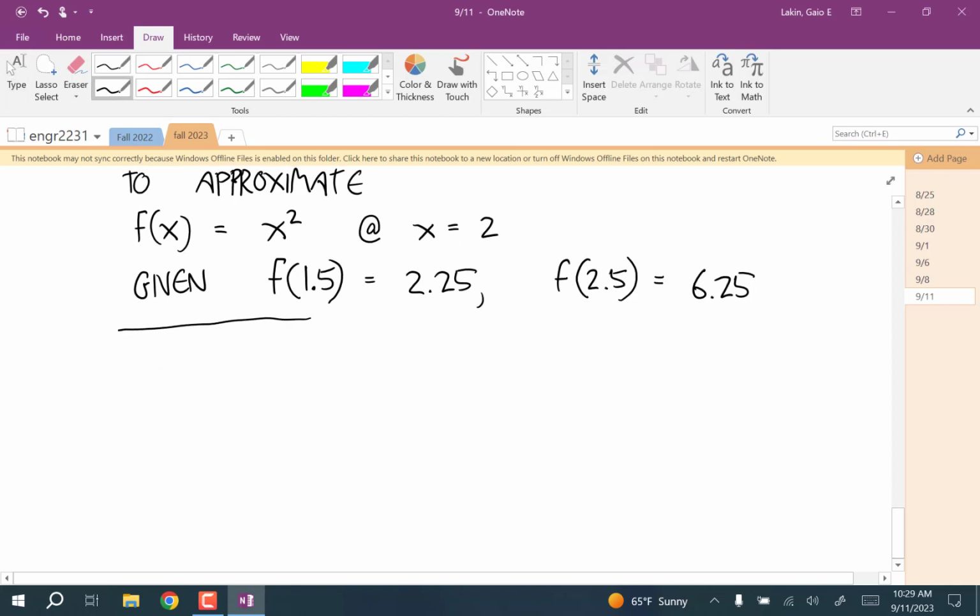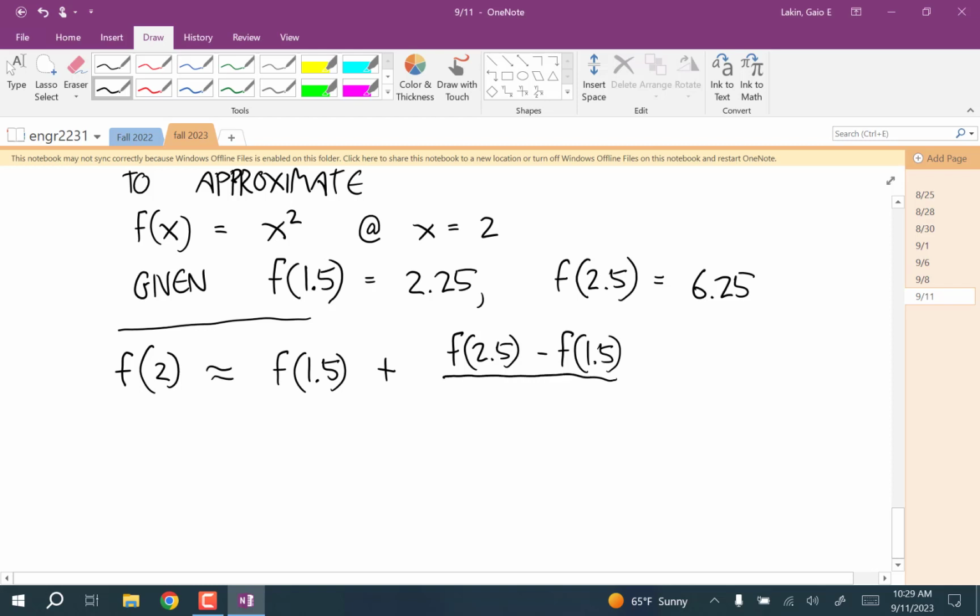All right, so to approximate F at 2, we're going to go F at 1.5 plus the quantity F at 2.5 minus F at 1.5, divided by 2.5 minus 1.5.